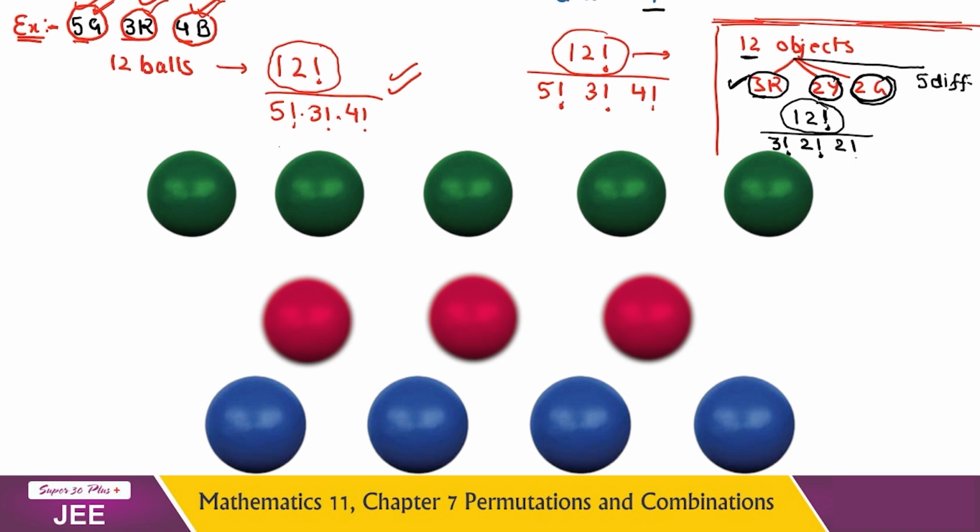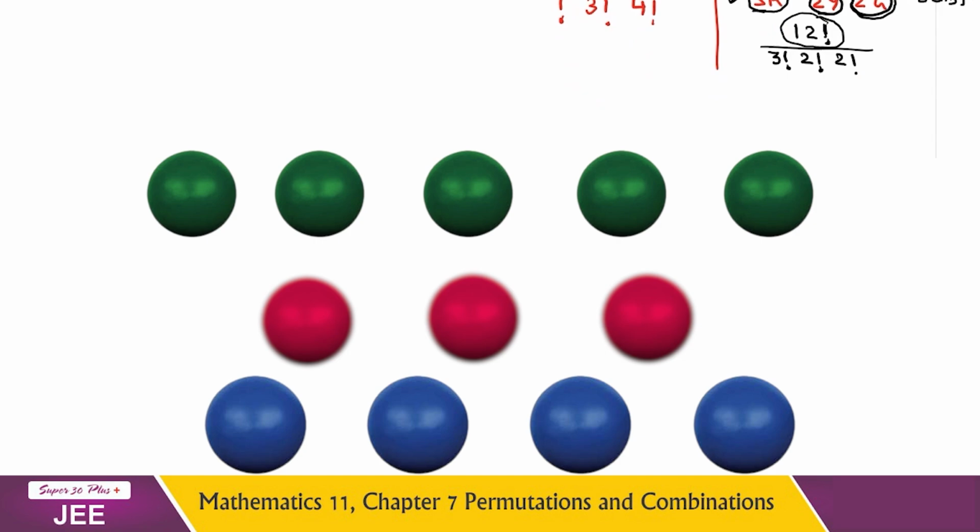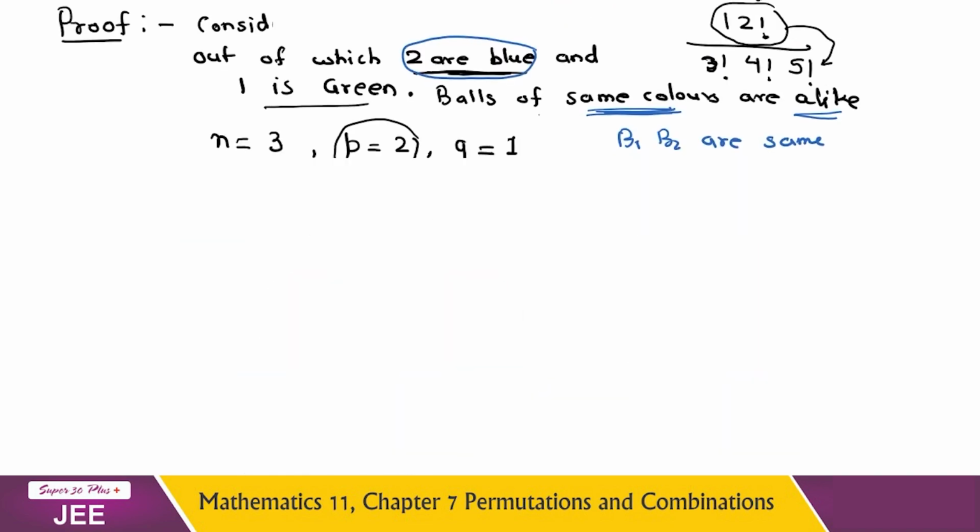So the incorrect answer to this question was 12 factorial, and when we divide by the correction part, the correct answer comes out to be 12 factorial divided by 3 factorial into 2 factorial into 2 factorial. So this is what this theorem or this particular subtopic is all about.